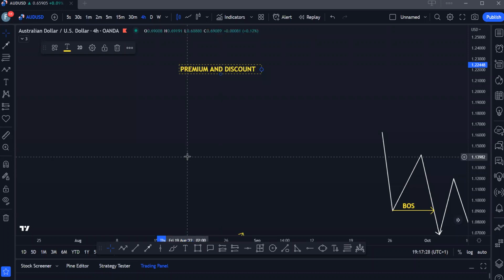All right. So the logical thing to do is to buy at a discount. And then as a trader, you would also prefer to sell at a premium.